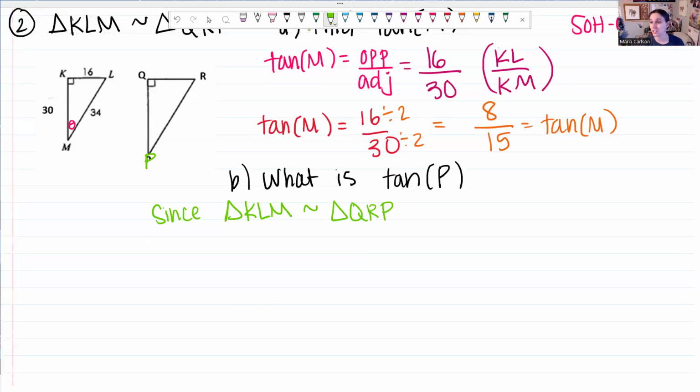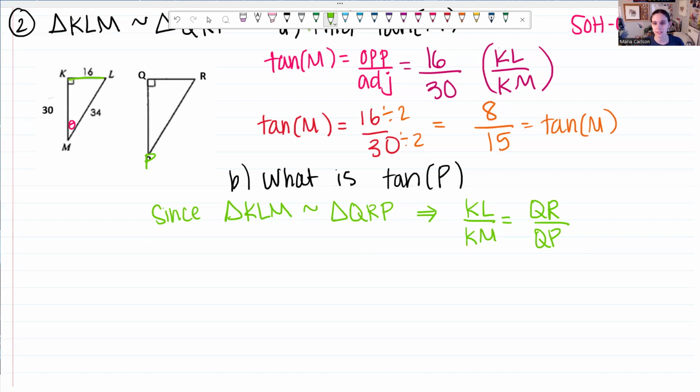If we're talking about tangent, let's compare the opposite over adjacent. This means the ratio of KL over KM in one triangle is the same ratio as the opposite over the adjacent in the other, QR over QP. By the definition of similarity, all the corresponding parts are proportional.